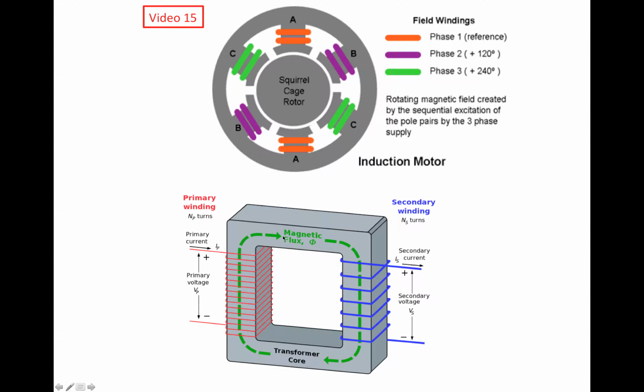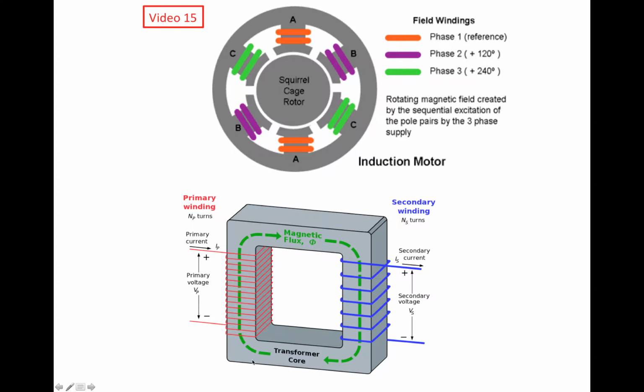The link is provided purely by magnetic fluxes that are induced on the primary side. So a varying current in the primary coil of the transformer is going to produce a time-varying magnetic flux because of Ampere's law.